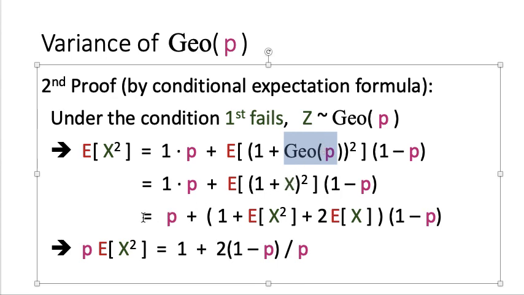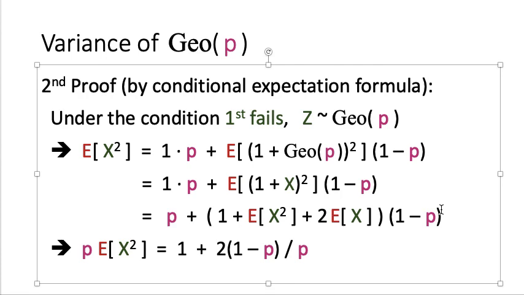In the next line, we will do a lot of simplifications. 1 times p, we get p here. And the expected value of (1 plus x) squared is equal to 1 plus the expected value of x squared plus 2 times the expected value of x. This is by linearity of expectation. And this term is multiplied by 1 minus p. Now let us further simplify this equation. On the left-hand side, we have the expected value of x squared, and on the right-hand side, we have 1 minus p copies of the expected value of x squared.